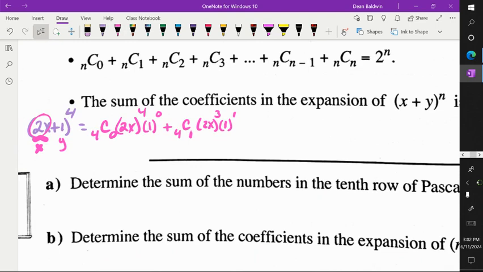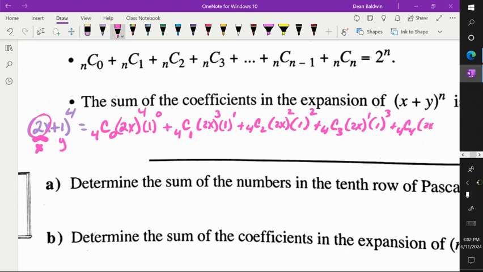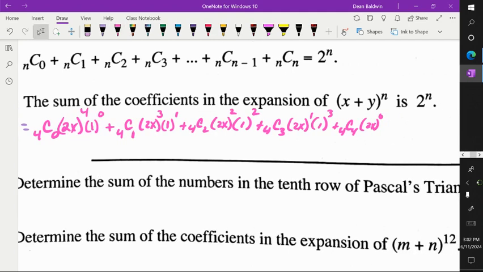What's the next one going to be? 4 choose 2, 2x to the power of 2, 1 to the power of 2. What do these exponents always have to add to? To your degree, right? Then it's going to be 4 choose 3, 2x to the power of 1, 1 to the power of 3. And then the final one, 4 choose 4, 2x to the 0, I'll just write it for completeness, and then 1 to the power of 4.